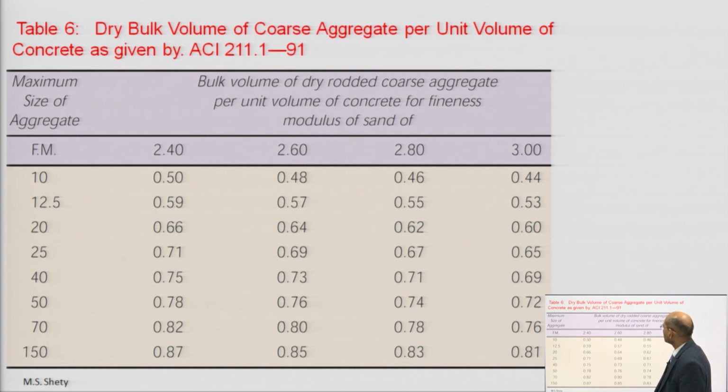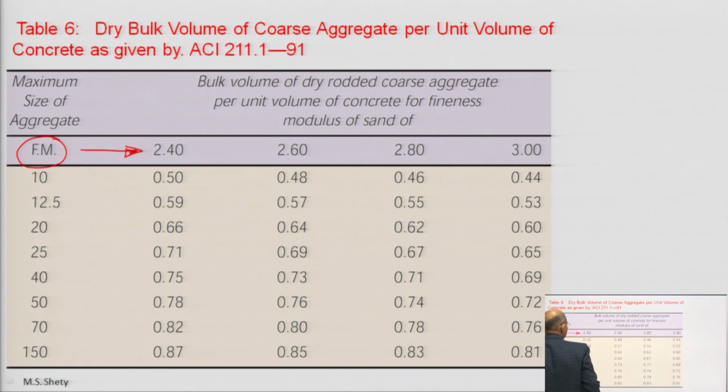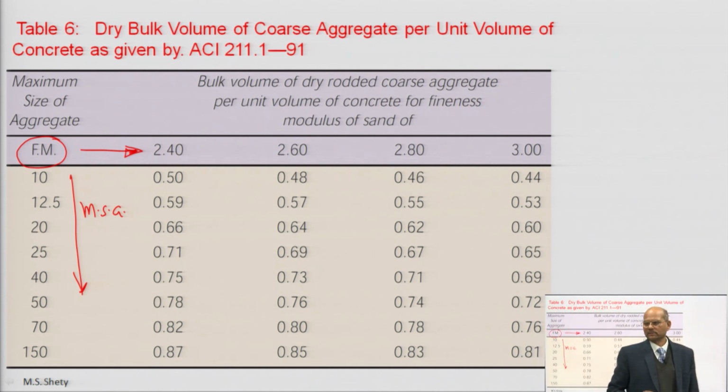This will depend on the fineness modulus of sand, means the fineness modulus of fine aggregate, and the nominal maximum size of coarse aggregate. That you have to consider, and it depends on that.